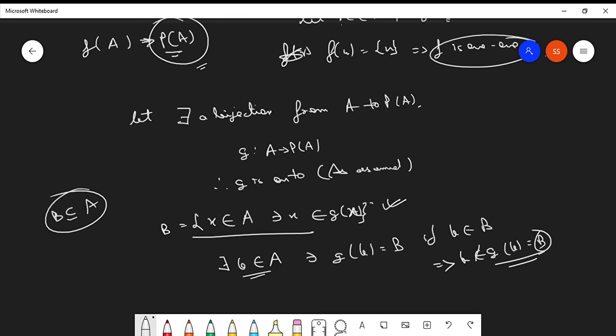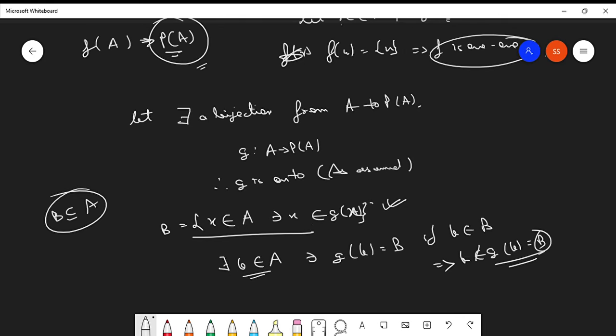So g(b) can actually belong to B. Is this portion clear? If you consider an element of the set B, it is indirectly an element of A, because capital B is a subset of capital A.